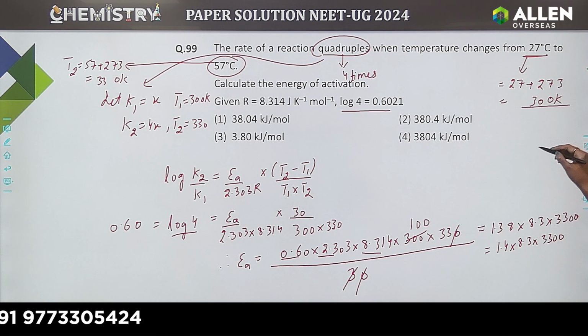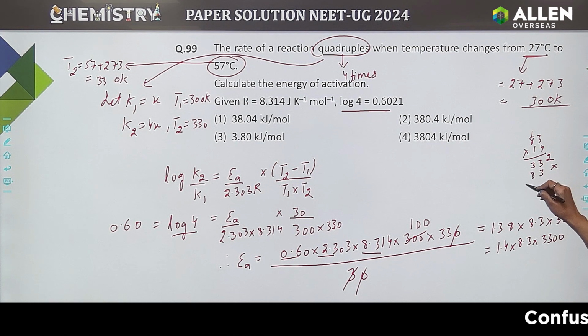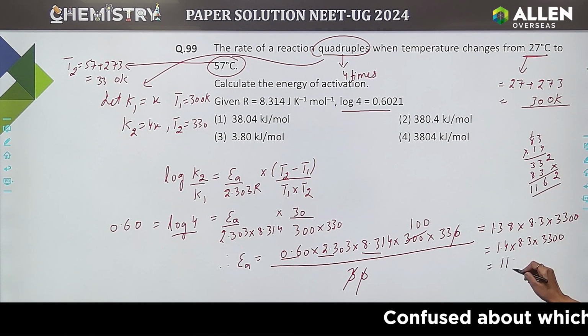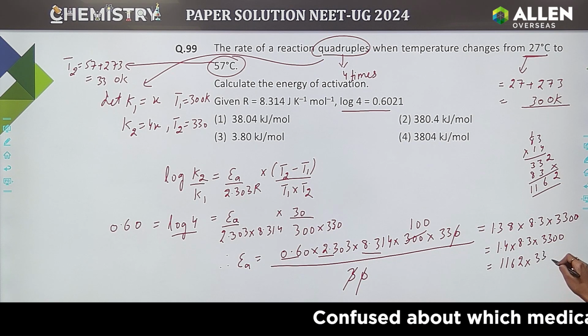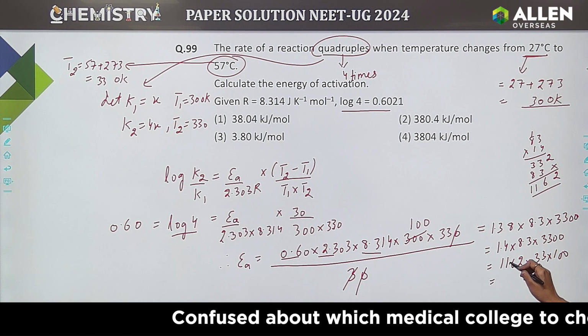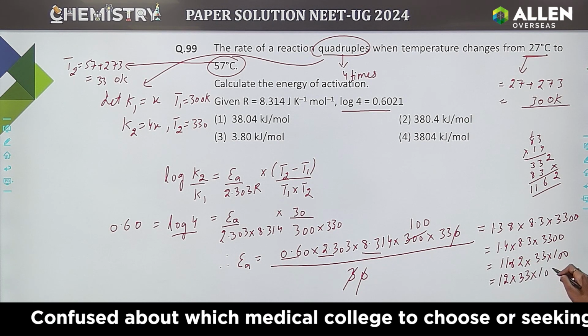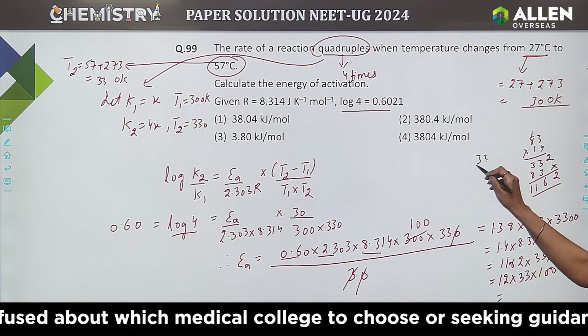So if I do 83 into 14, 3 4s are 12, 8 4s are 32, that gives 1162 into 33 into 100. Taking it as 12, too many approximations, no problem. 33 into 12, let's do it quickly.